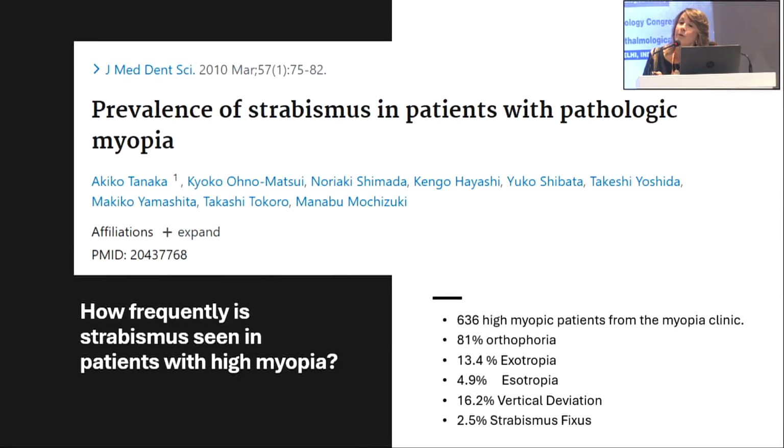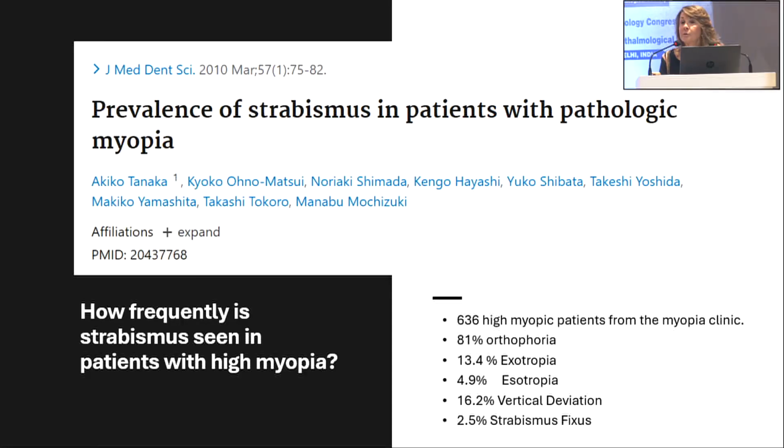But how frequently can we encounter strabismus in patients with pathologic myopia? And one of the largest papers on this topic is the one published by Dr. Tanaka and co-authors at the Medical and Dental Tokyo University, who looked retrospectively into 636 high myopic patients from his myopic clinic.